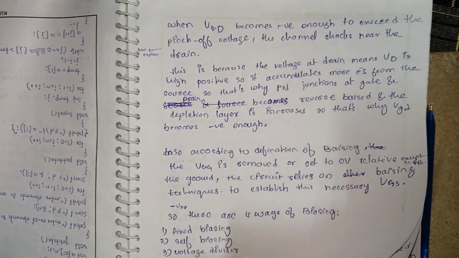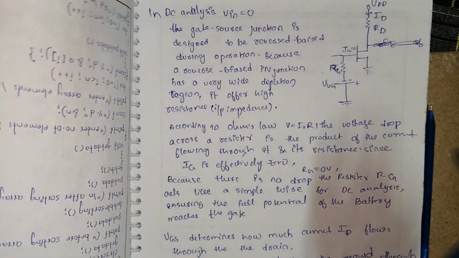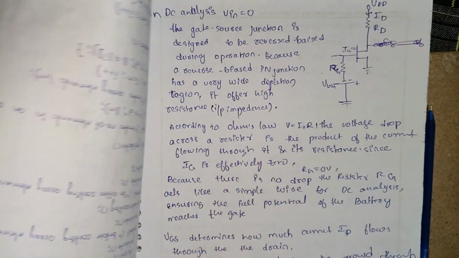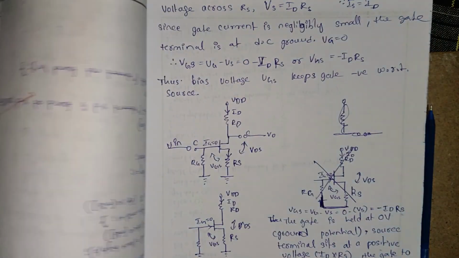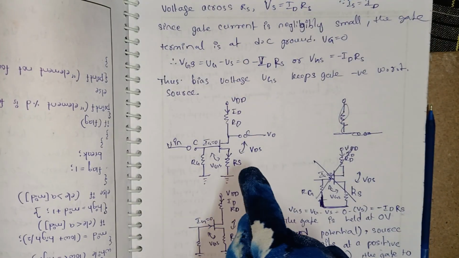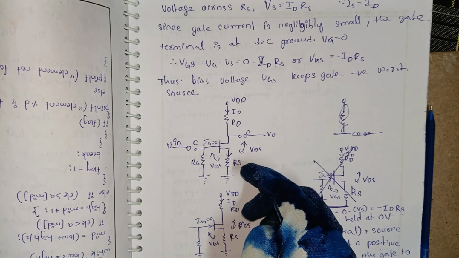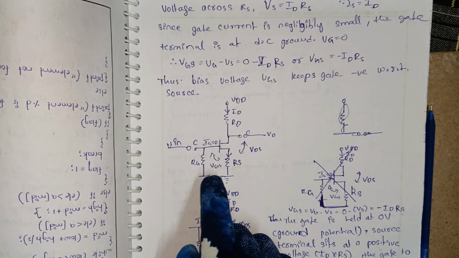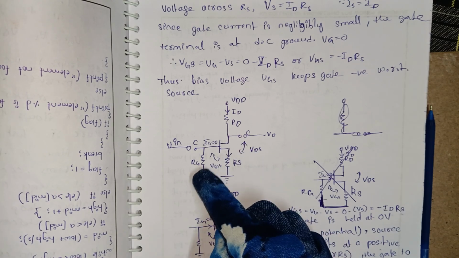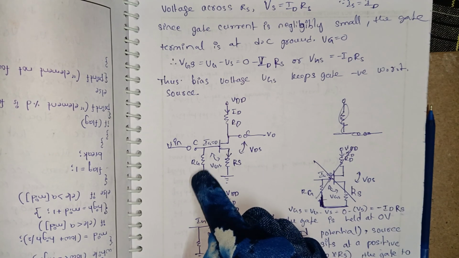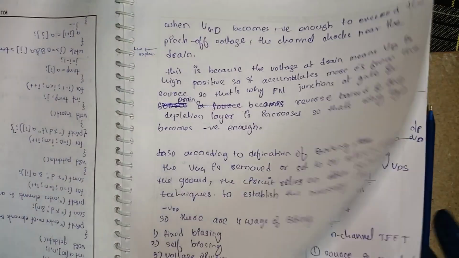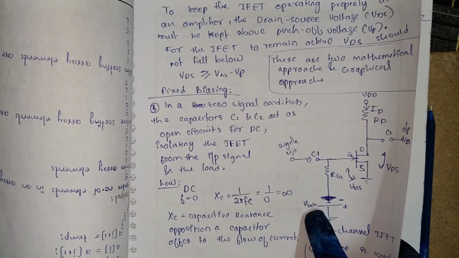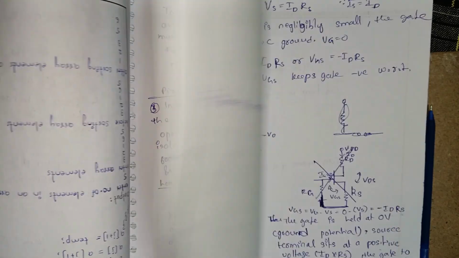In other biasing, for example here in self biasing, VGG is not there, it is totally removed, but in fixed biasing VGG is there.